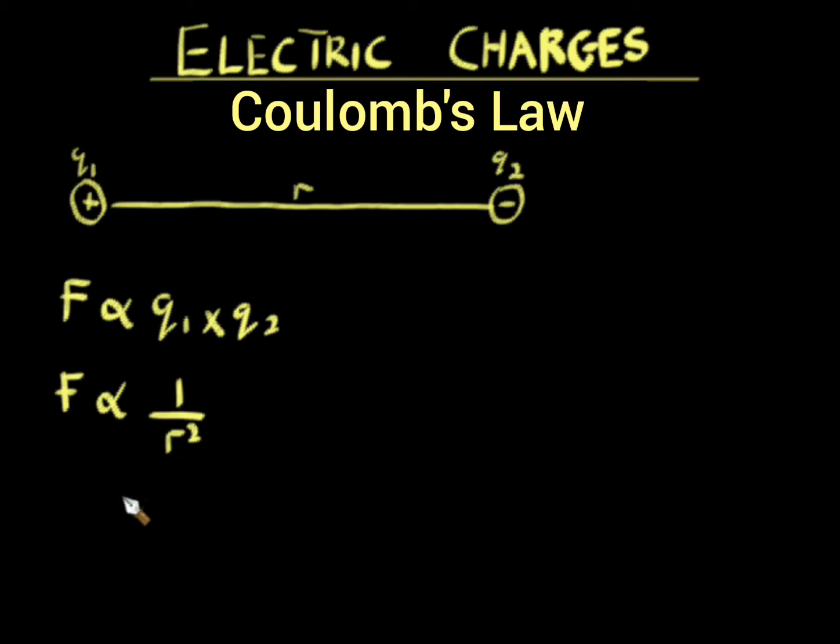Now, combining this, we have that the force is proportional to Q1 Q2 all over r square. In eliminating the sign of proportionality, we have to introduce a constant.